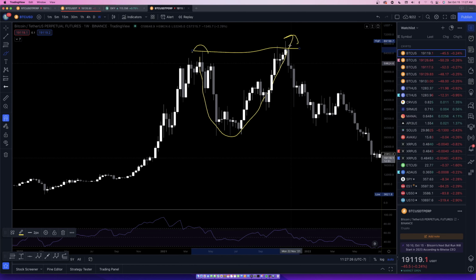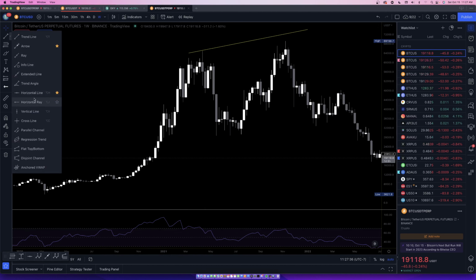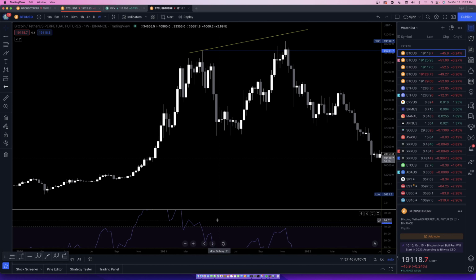We have a higher price on here, so I'm going to annotate that with this trend line. Price breaks the all-time high, yet on the RSI you can see right here, we don't actually break that top on the RSI, right?